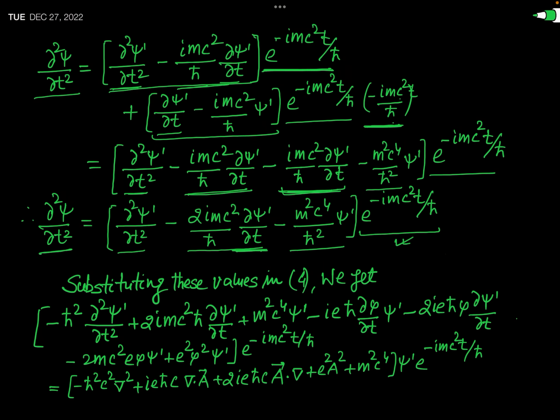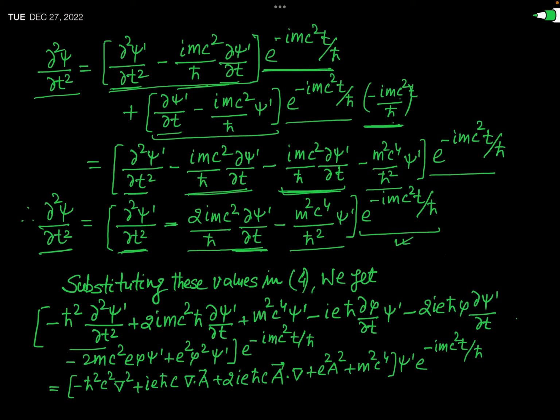So you can see I have substituted this. Since minus ħ² is a common factor there, that will be minus ħ² ∂²ψ'/∂t². See it here, and since there is a minus sign as a common factor, the sign will just change to plus.